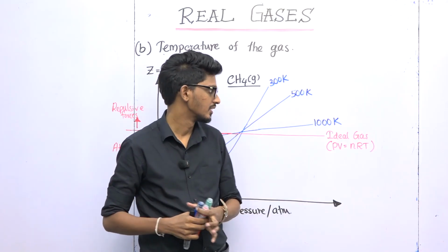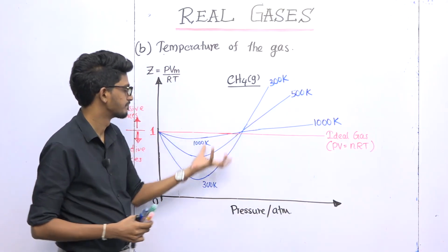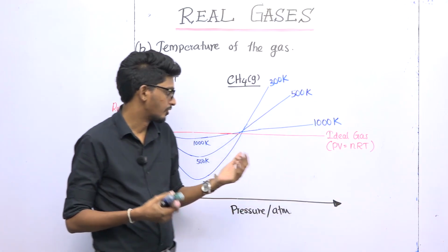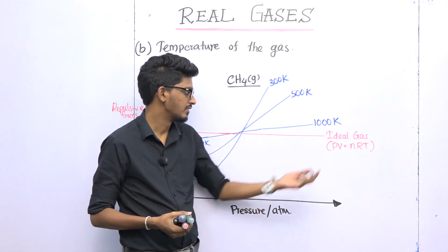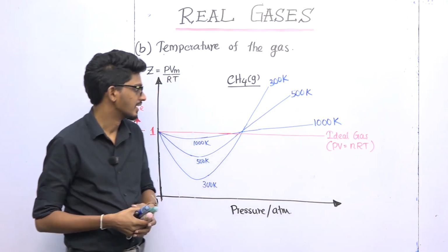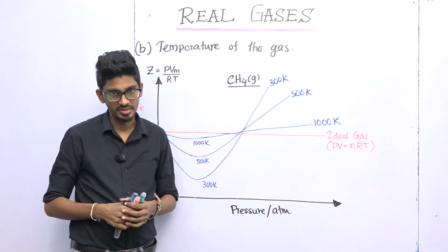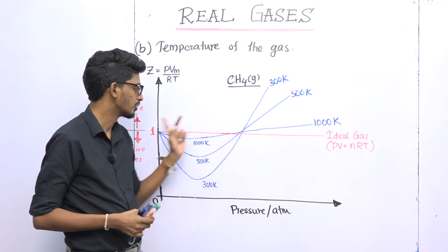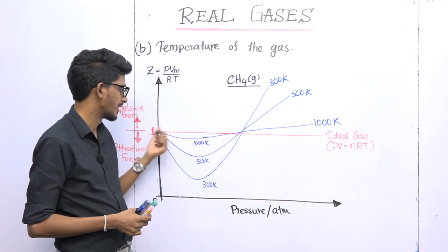With the compressibility factor, you have studied that for real gases, PV is not going to be equal to nRT in most cases. There are only two occasions when PV is going to be equal to nRT, that is at this point as well as one of these points.